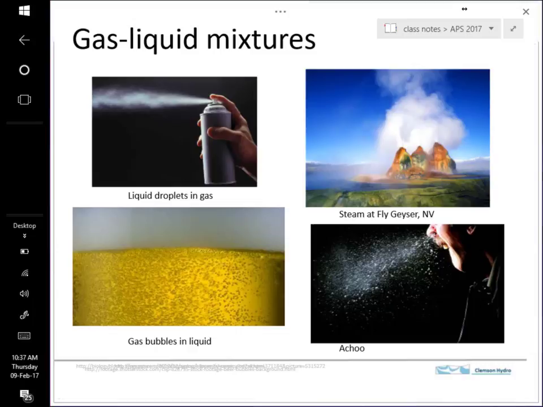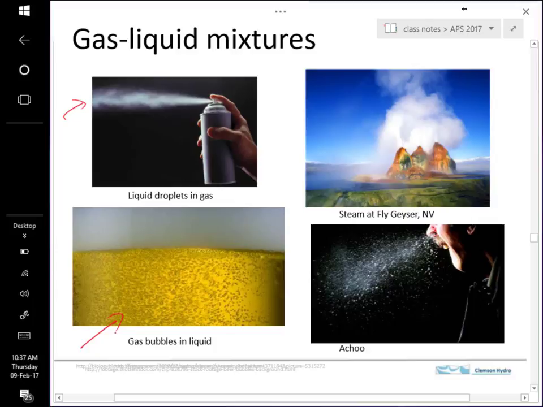If we wanted to do gas and liquid, similar kind of problem. Here we have liquid droplets in a gas, and some kind of an engineering example where we would want to design how this worked. We also have gas bubbles in liquid, where we might want to understand how that works.